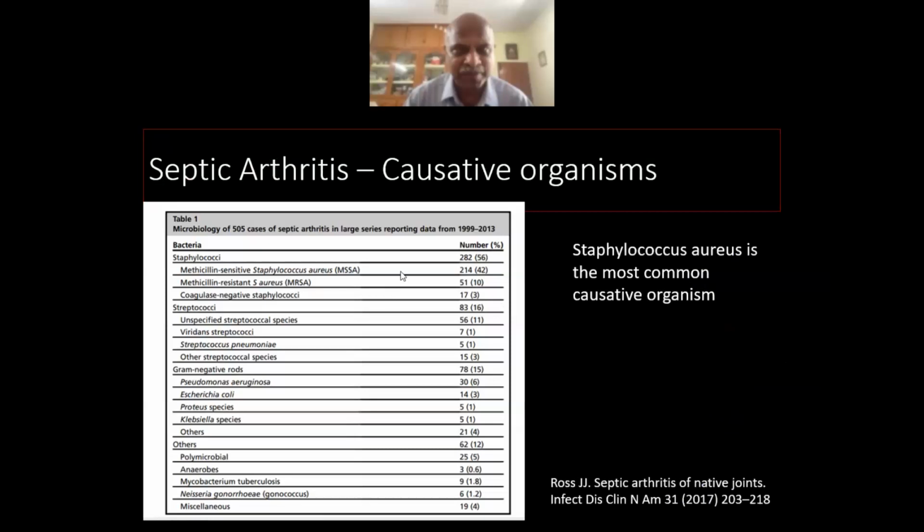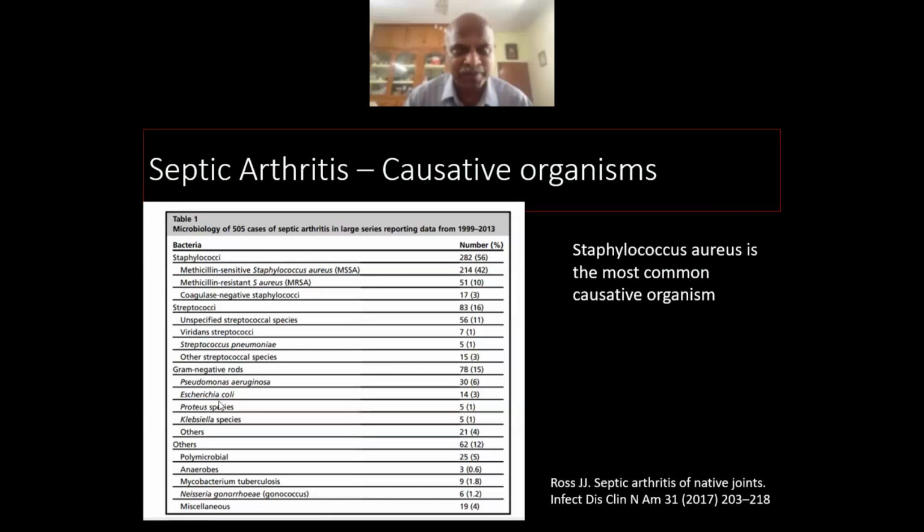A lot of organisms have been incriminated as etiology for septic arthritis. The commonest are the gram-positive cocci, Staph aureus being the most common organism across the world. This is because it has surface adhesins that can bind with the extracellular matrix proteins, which are found in the joints, and therefore it's a common organism for septic arthritis.